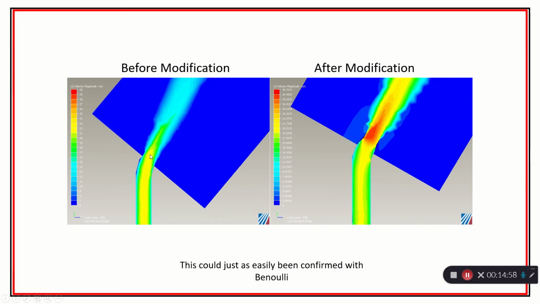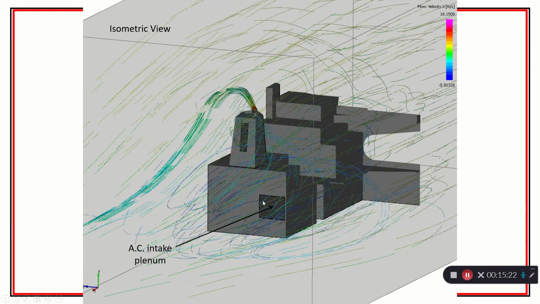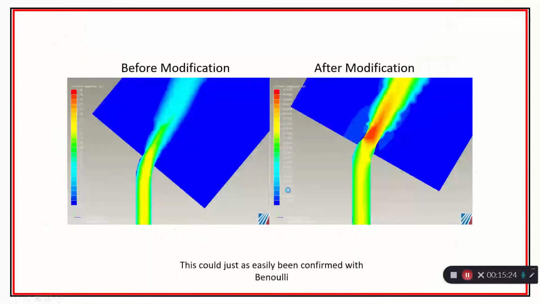It did create some restriction, which is not necessarily good for the engine, but we estimated the increase, and we checked with the turbocharger manufacturer, and it was within their allowable back pressure parameters. By doing so, we increased the velocity coming out of the stack and shot the exhaust up higher in the air, and therefore we were able to avoid this recirculation.